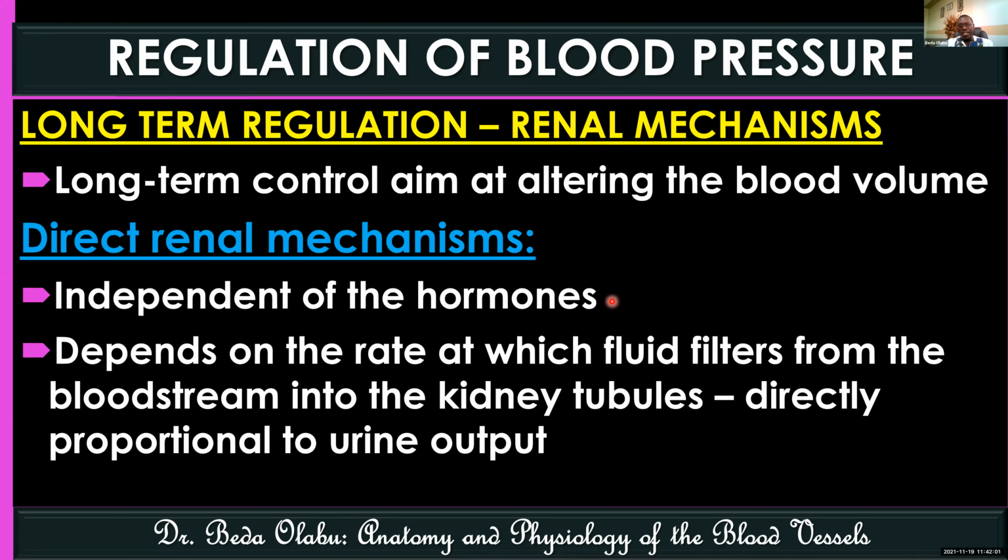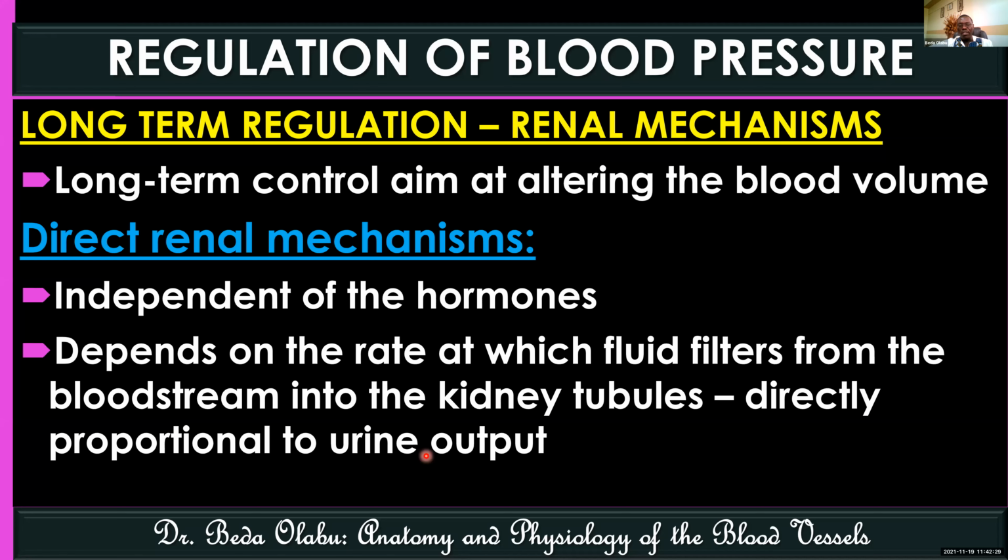If blood pressure is high, it means that more fluid will be filtered. If fluid being filtered into the renal tubules is moving at a faster rate, then it means that the amount of fluid we are going to lose out of the kidney in form of urine is also high. So what's the long-term effect?